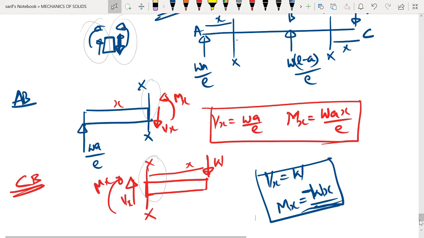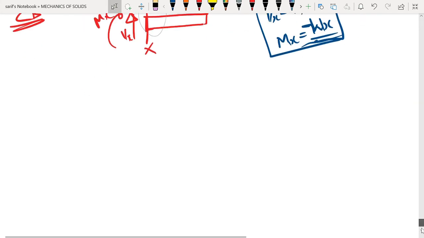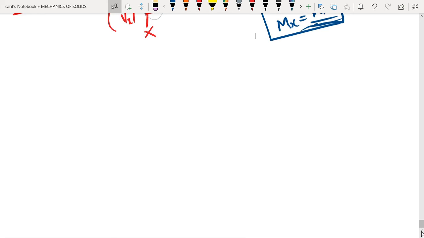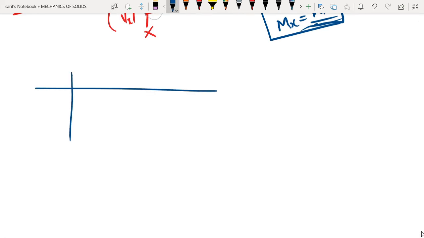Once we have developed the equations for AB and CB, we have to draw the tabulation. In the tabulation, we have the region AB and another region CB.